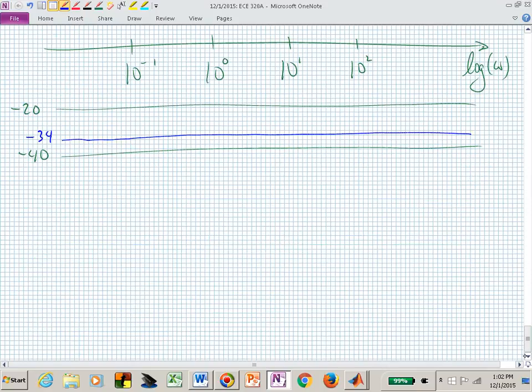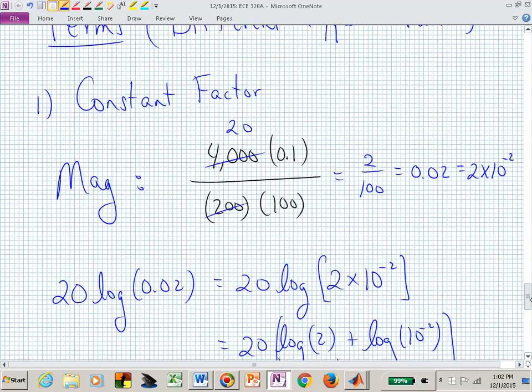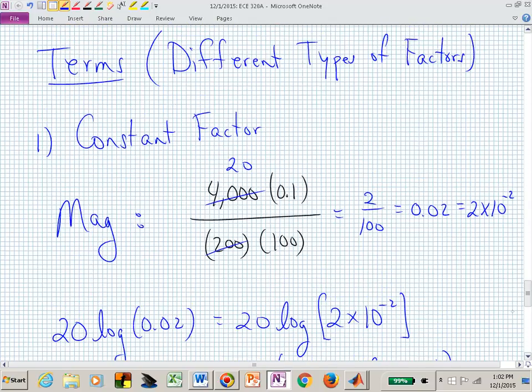What does the phase curve of this gain look like? The constant factor, did it have a negative sign anywhere? No, it's a positive number, isn't it? So what's the angle of a positive number? Now you're looking at the angle of some number on the positive real line, and these angles are all relative to that positive real axis.